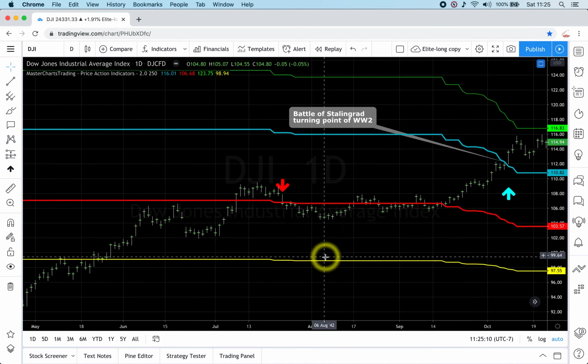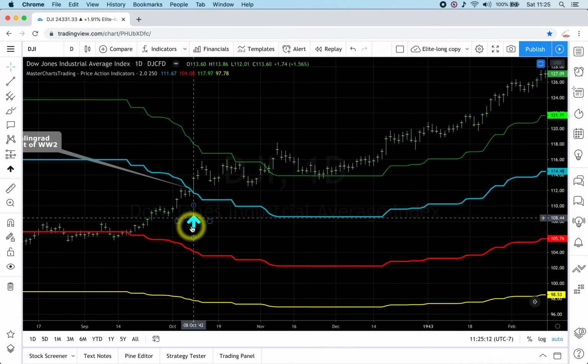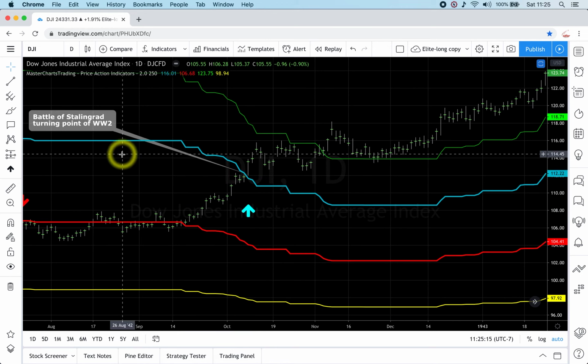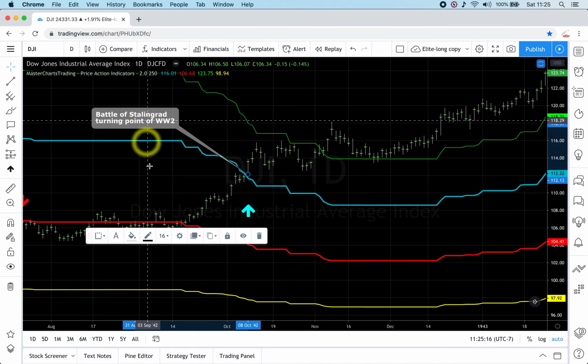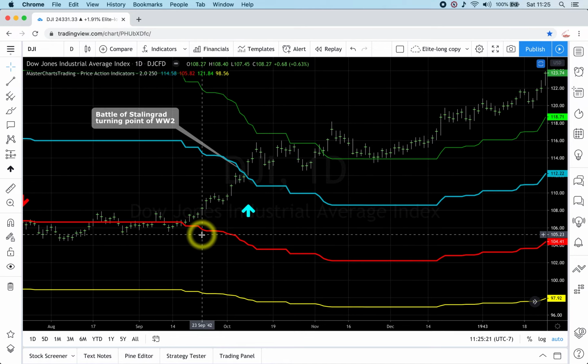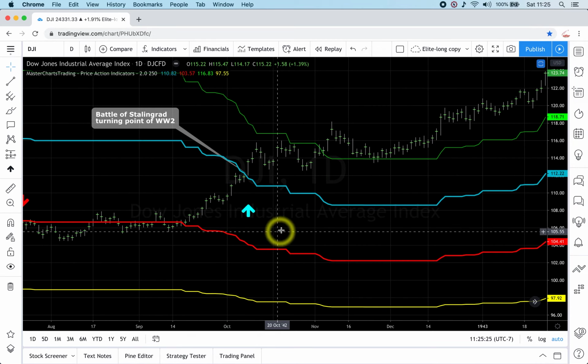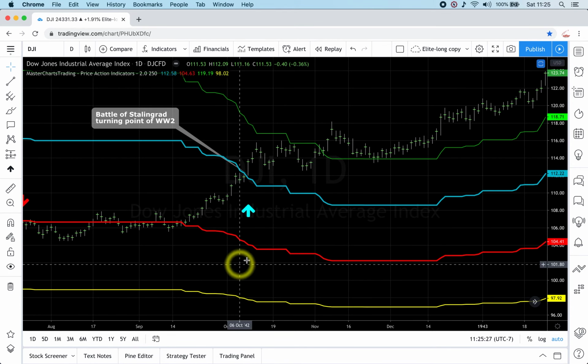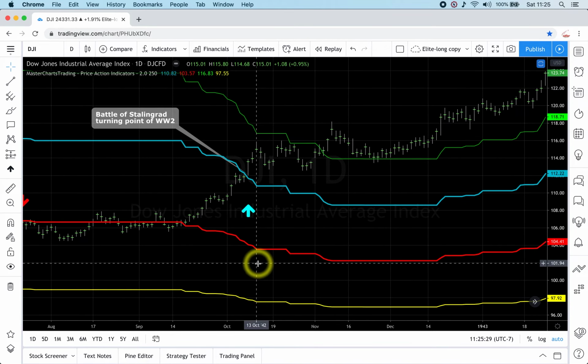Looking at our stock market again, the Battle of Stalingrad again involved lots of material from the United States: trucks, tanks, food, ammunition, clothing, military uniforms. A lot of material came from the United States with the shipments.